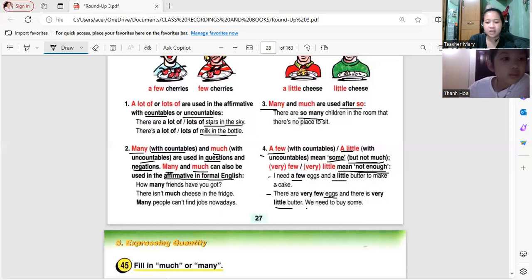Okay, can you please read? There's only a few flour to make this bread. Okay, so it means it is not enough, right? So how about very little?